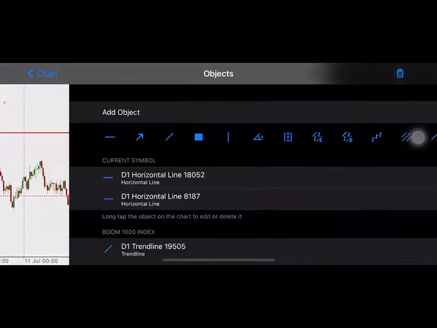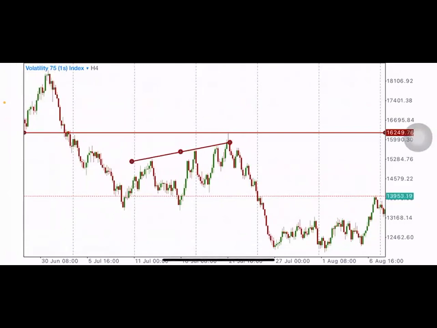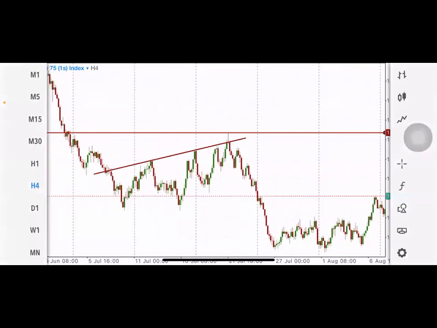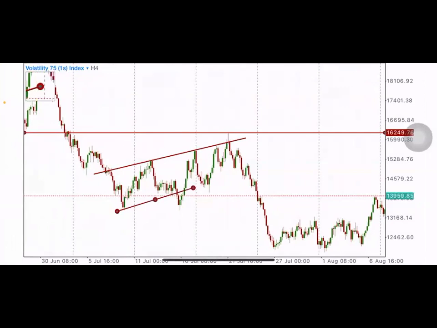I'm giving you an example of a manipulation that happened on 75S some weeks ago.